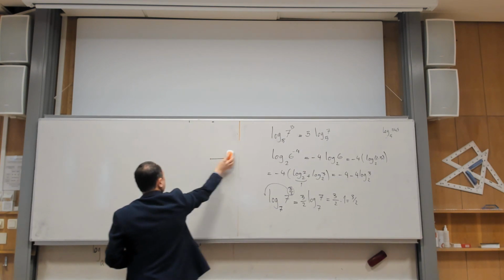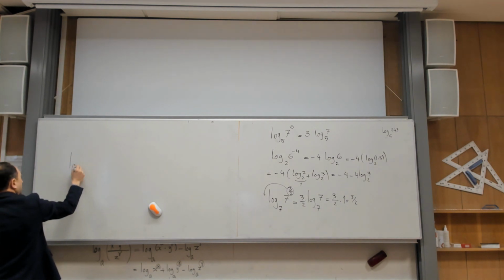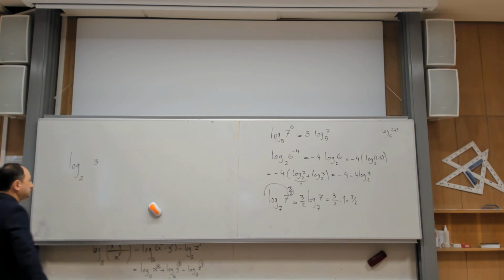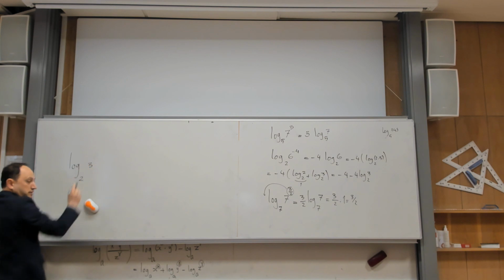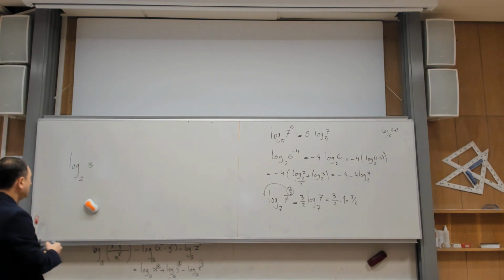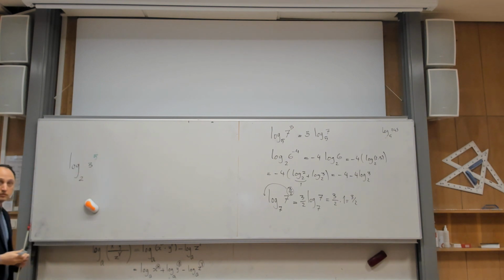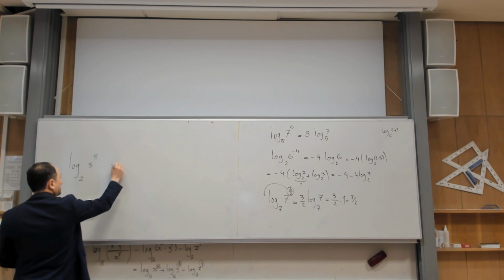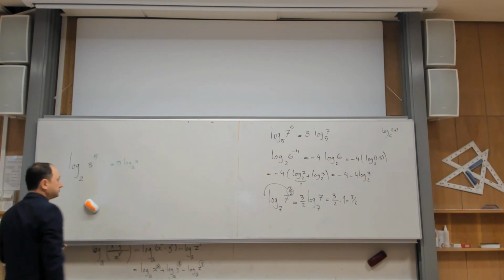The first question I want to ask you is, for example, if I give you log of 3 and I put 5 in front, you know what to do. We just write 5 log 3 base 2.